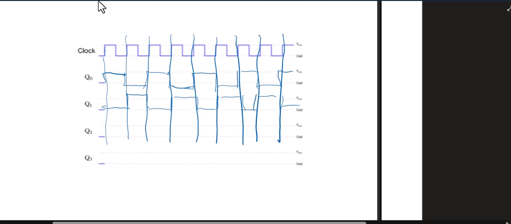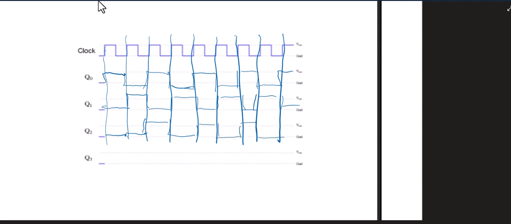Now, when we get to Q2, we get to the positive edge, it looks to see what Q1 was before, which was 0. And then what was Q1 before? It was 0. And now Q1 is 1. And then Q1 is 0. And then now it's going to do its alternating thing.